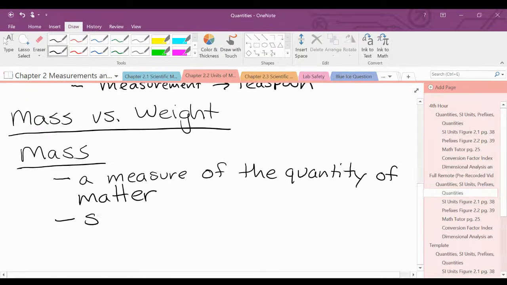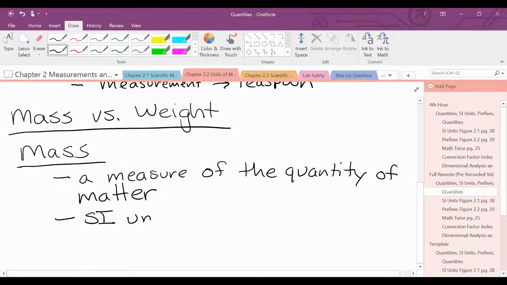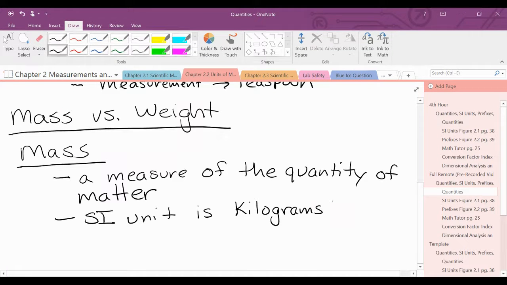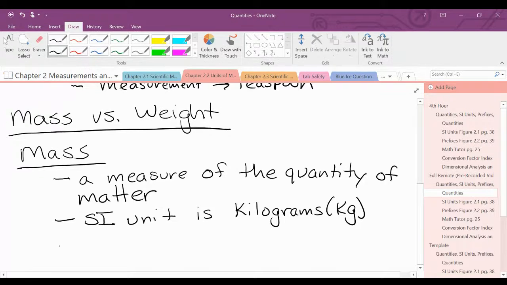The SI unit, and we're going to look at SI units today. The SI unit for mass is kilograms, and it's abbreviated kg. You measure mass on a balance.